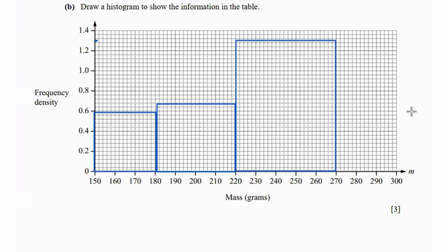And lastly, from 270 to 300, it's going to be 0.3. So this is your histogram for the given information.